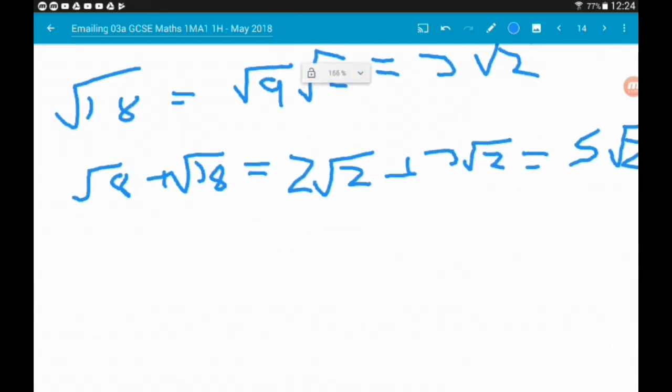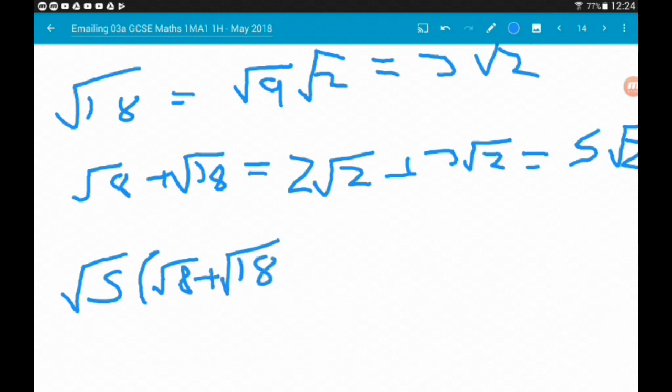So now we're doing the whole thing. Root 5 times root 8 add root 18 is root 5 times 5 root 2.